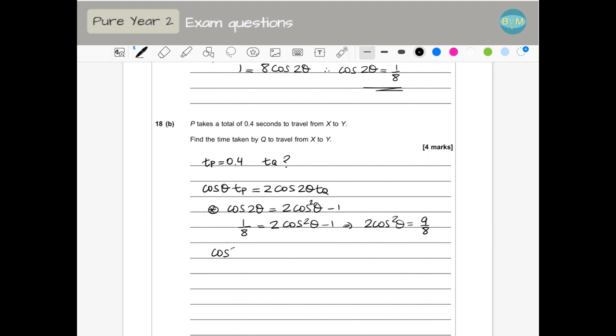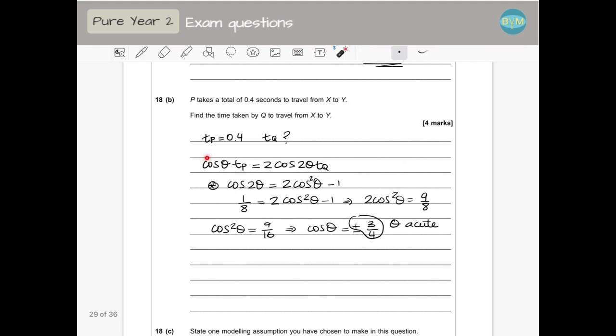So cos² θ is 9/16, and cos θ is going to be plus or minus 3/4, but both angles are acute, so they are in the first quadrant. If they are in the first quadrant, cos is going to be the positive one. So I'm going to pick the positive one.